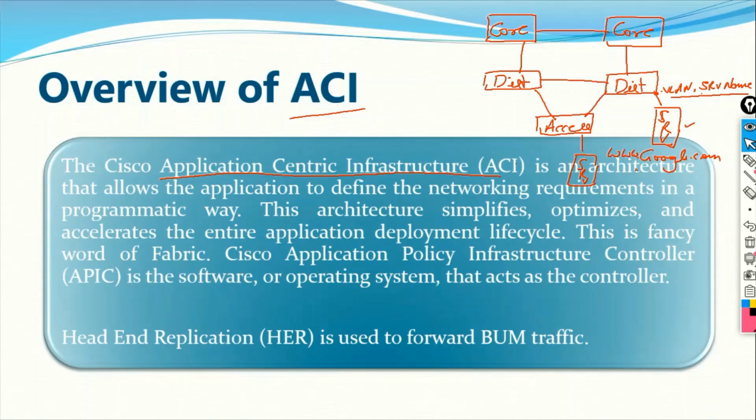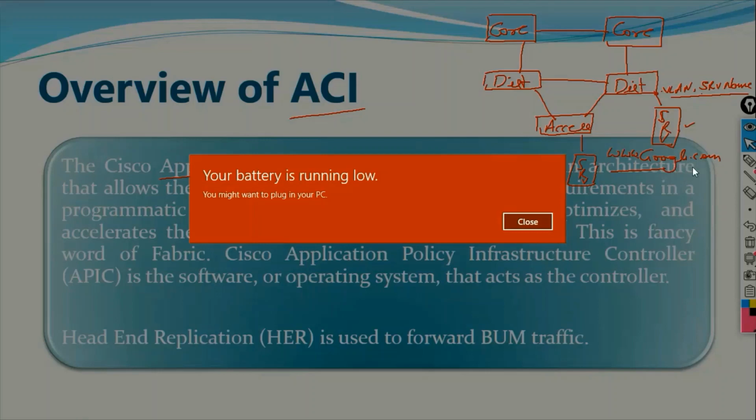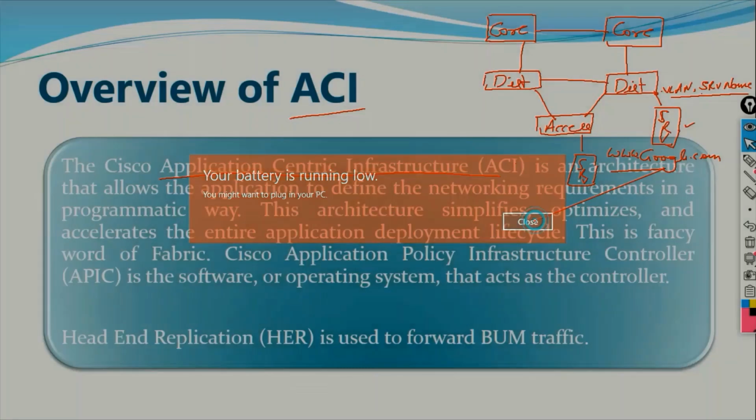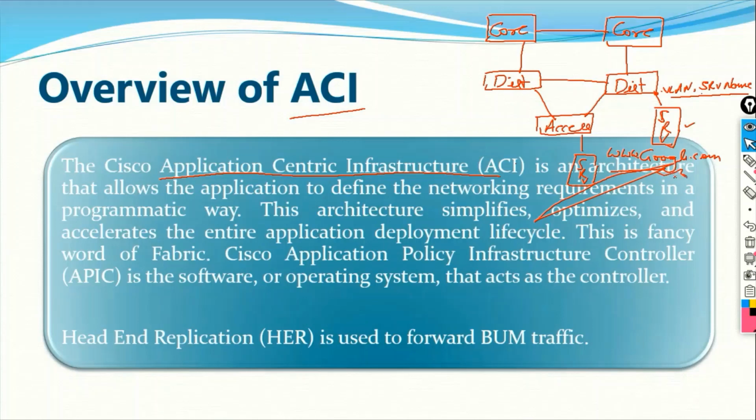So the network engineer must be aware that google.com is running on one of my servers, which is connecting to this particular interface, might be 1/10. So this centralized application awareness must be known.